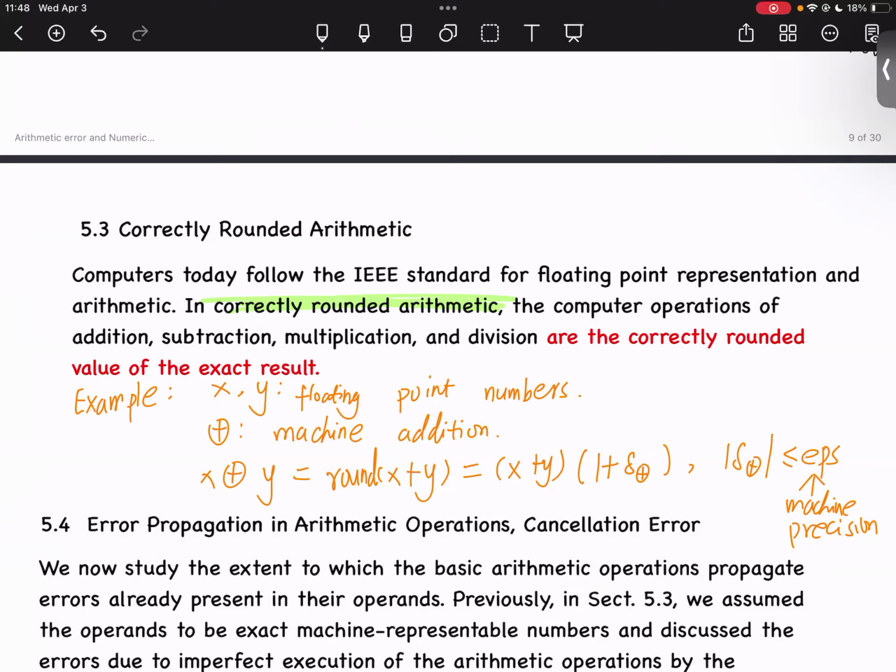In the next sections, we are going to calculate the rounding-off error in this way, one by one, and see which operations are good and which are not good in the computer. In the next class, you'll find out that addition and subtraction are the bad ones, and multiplication and division are the good ones, because they will not enlarge the errors in the calculations.